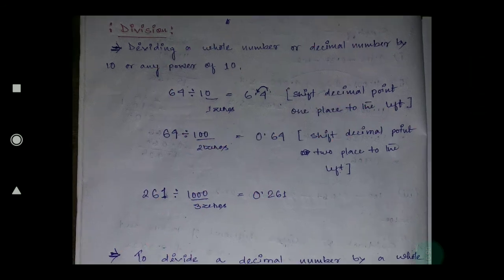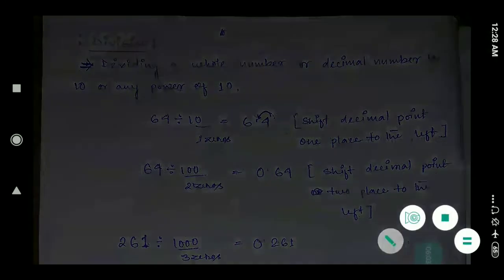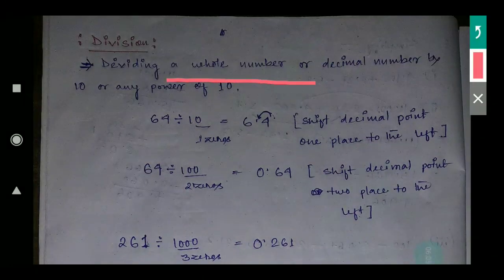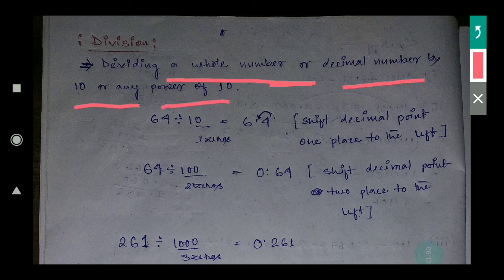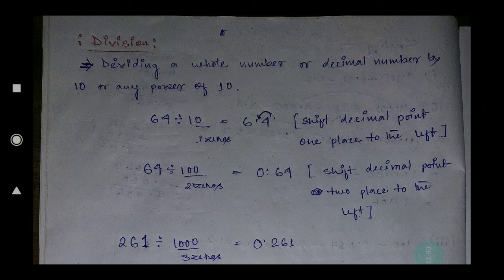Okay, so now the first case is dividing a whole number or a decimal number by 10 or a power of 10. That means suppose a whole number or a decimal number, if you divide by 10 or a power of 10, then how to do the division?